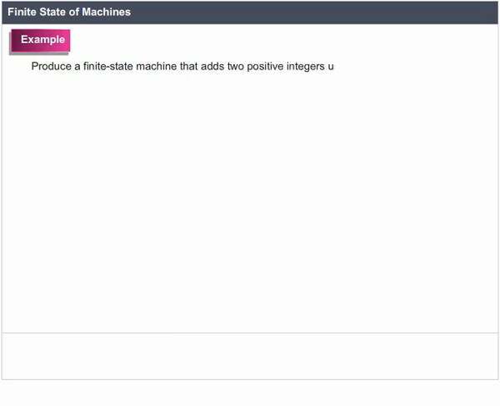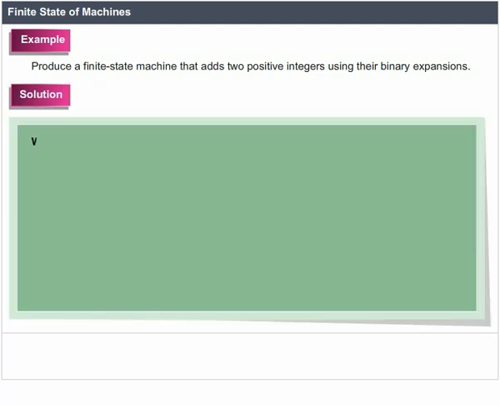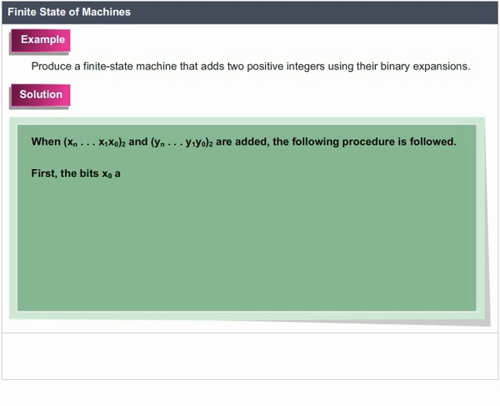Solution: when xn...x1x0 in base 2 and yn...y1y0 in base 2 are added, the following procedure is followed. First, the bits x0 and y0 are added, producing a sum bit z0 and a carry bit c0. This carry bit is either 0 or 1.